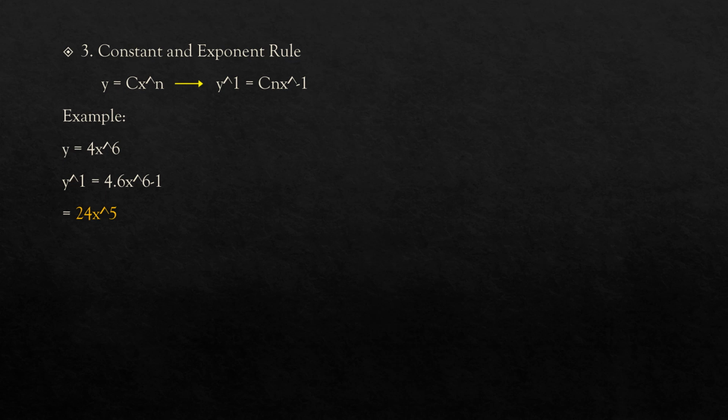So the exponent will become the coefficient, so this will be 4 times 6, and then 6 subtracted by 1 will be 5. So 4 times 6 will be 24, and 6 minus 1 is 5. So the derivative of 4x raised to 6 is 24x raised to 5.